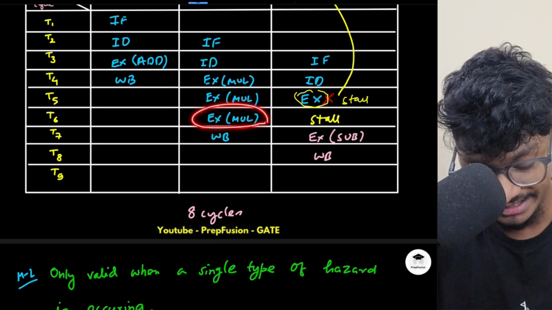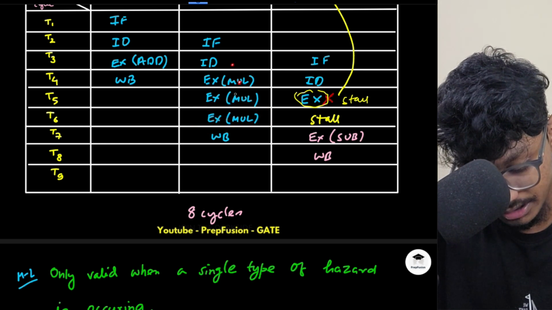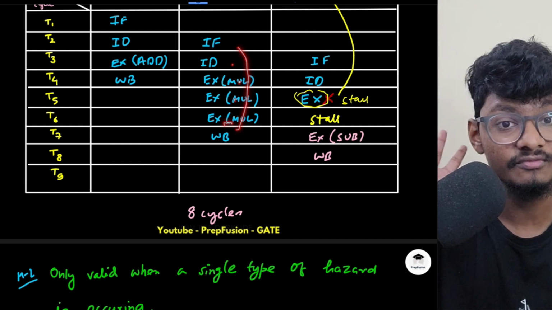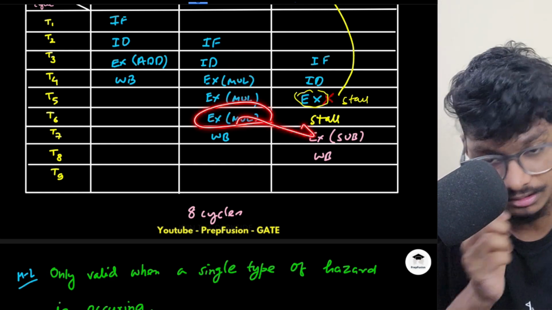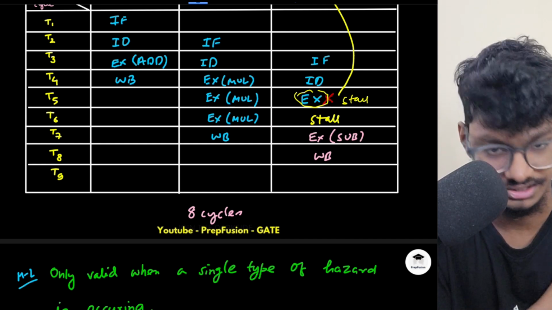Why? Because my execution finishes on which stage? 1, 2, 3, 4, 5. The fifth stage. After this only I can start execution of the next instruction, right?